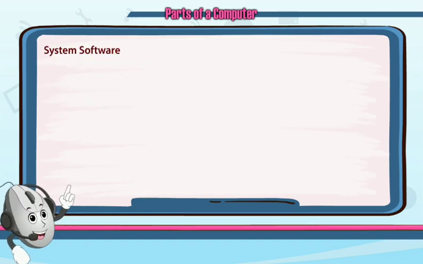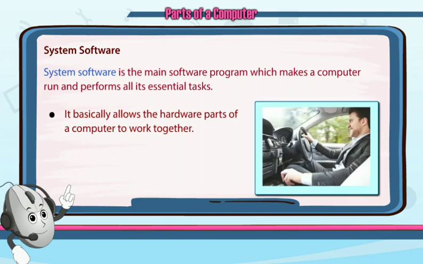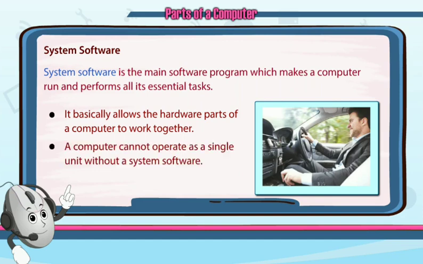Now let's learn about system software. System software is the main software program which makes a computer run and perform all its essential tasks. It basically allows the hardware parts of a computer to work together, like keyboard and mouse.